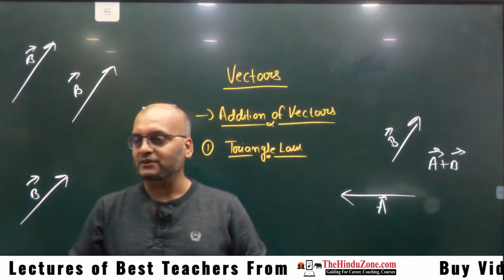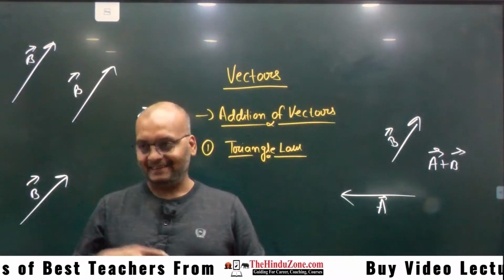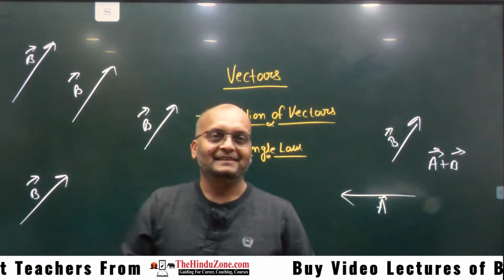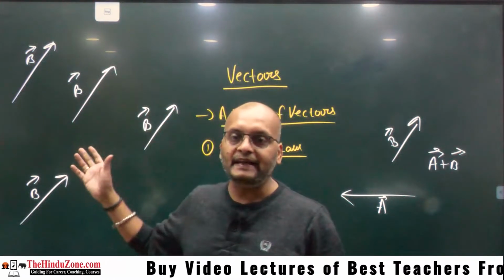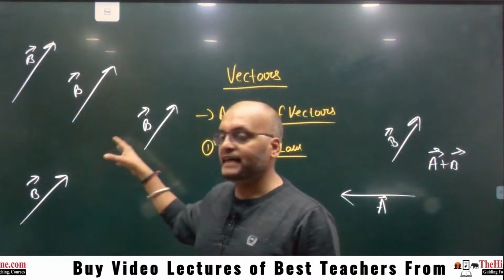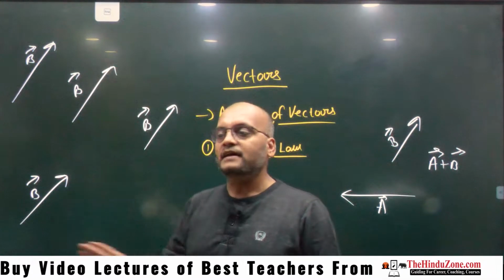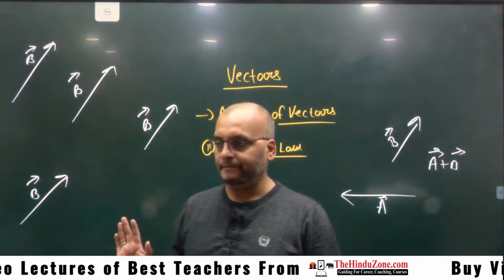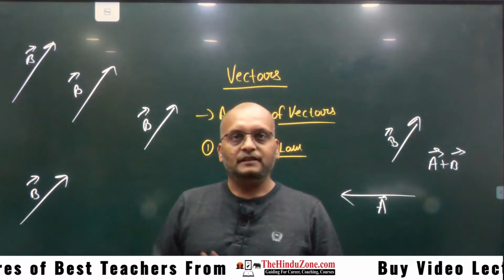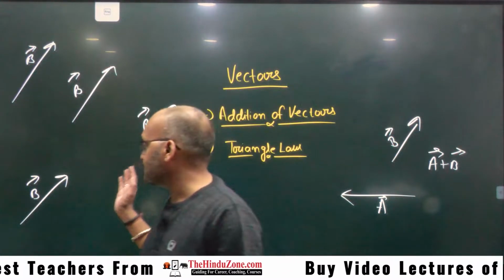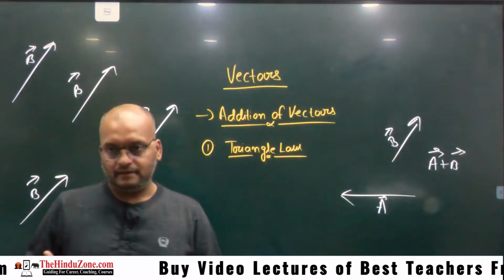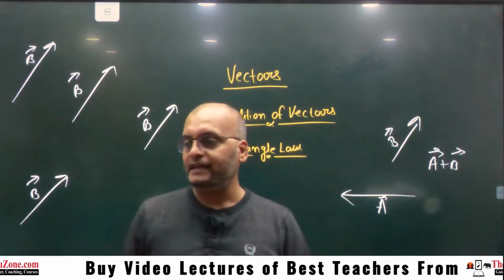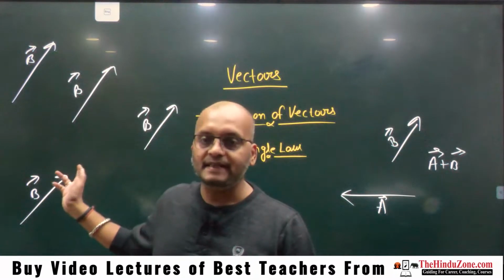This is transportation of vector. We can transport a vector anywhere. There won't be any change in the vector. So transportation is free of cost. Nothing will happen to the vector. Just don't change the length, because length is associated with the magnitude of the vector, and don't change the direction.